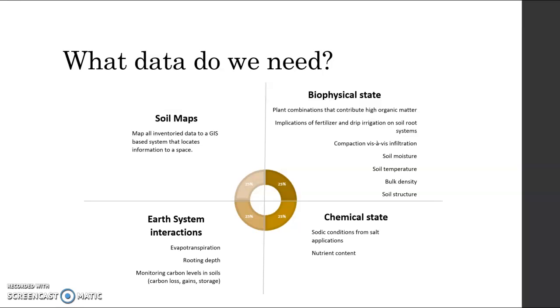And then the other thing that came up was soil maps. I think this is probably the most basic but most necessary, and therefore the most achievable goal: to have soil maps that list out the order of the soil, what their parent material is, and what characteristics they hold.